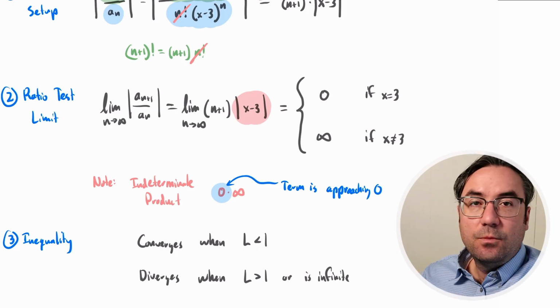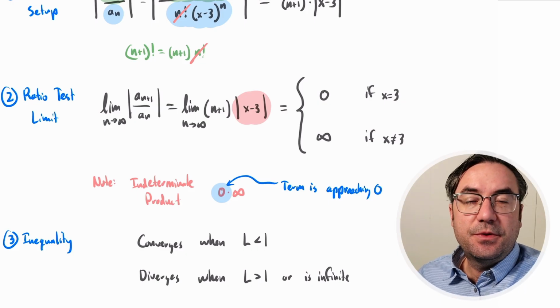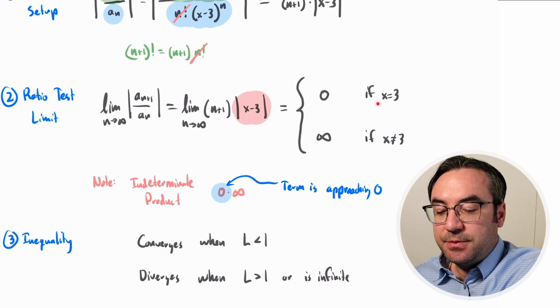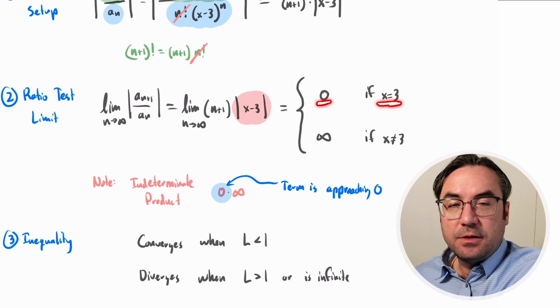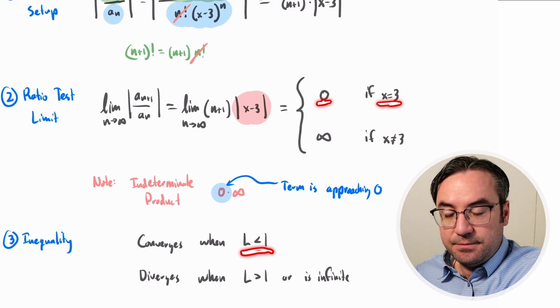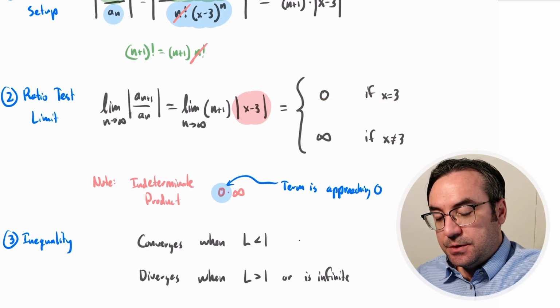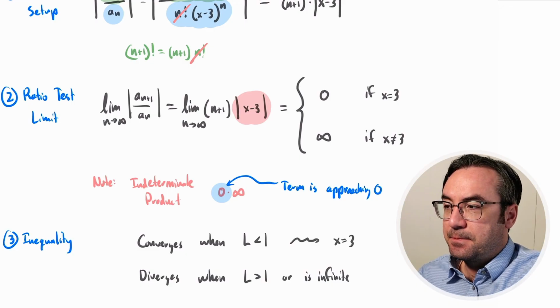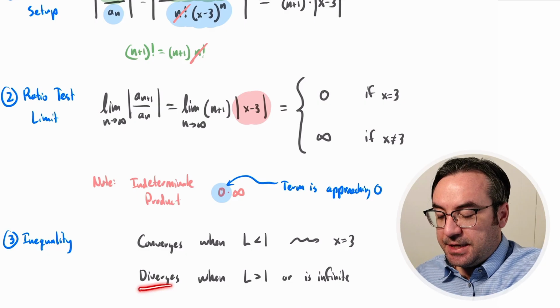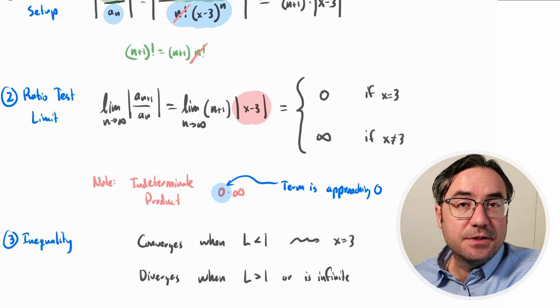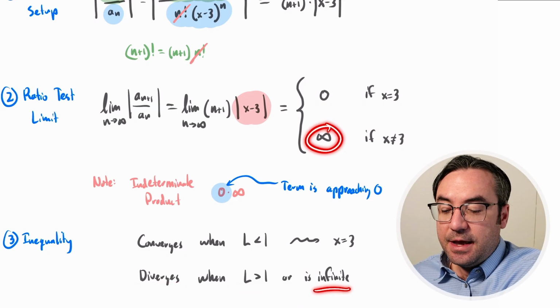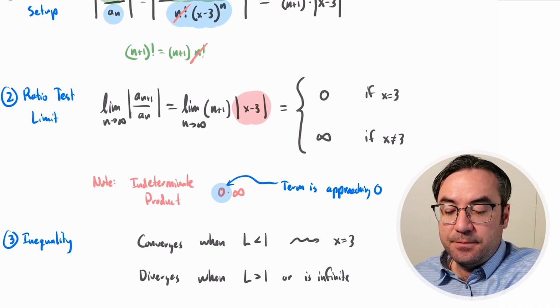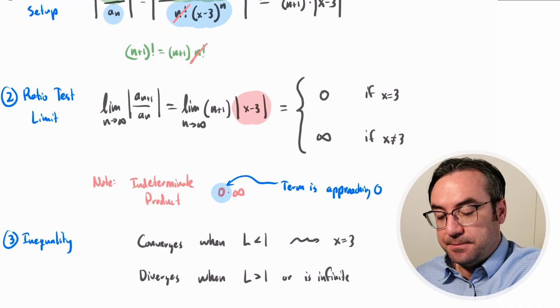This fits nicely with our two cases here. In the case when x is equal to 3, our limit L is 0, which is less than 1, so it converges when x is equal to 3. And it diverges when the limit L is bigger than 1 or is infinite, and that's what we're seeing here: infinite when x is not equal to 3.